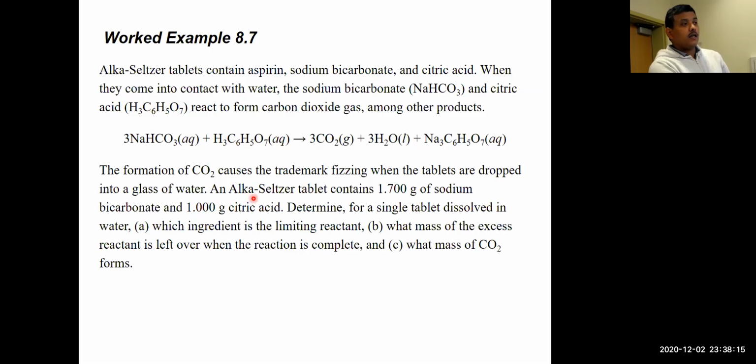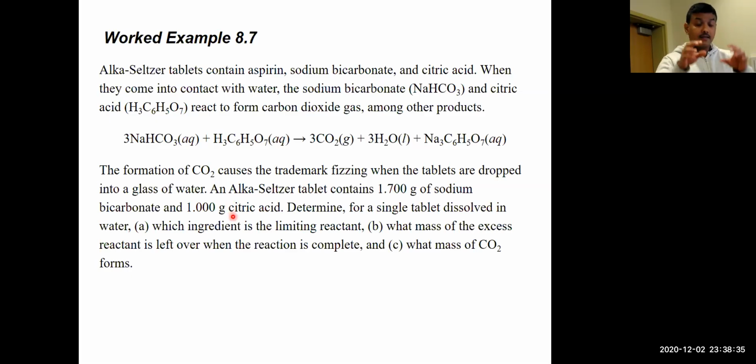So if the Alka-Seltzer tablet contains 1.7 grams of sodium bicarbonate and 1 gram of citric acid, look at this. The chemical reaction contains sodium bicarbonate and citric acid, right? And the question already gave masses of both of them.